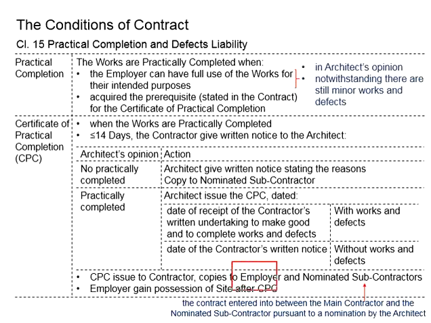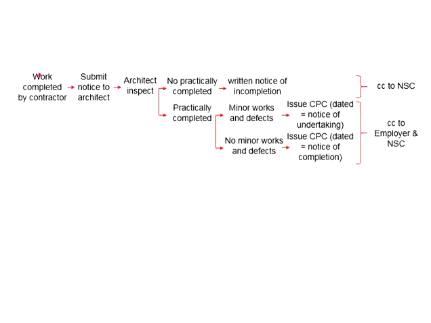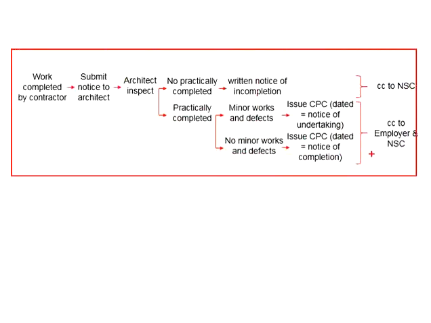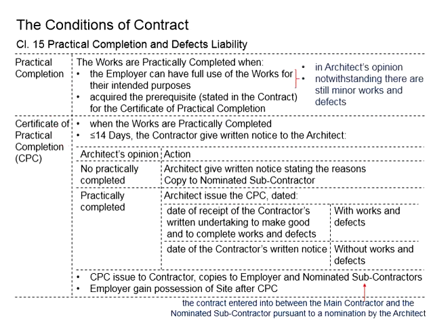As the employer receives the CPC, the employer can gain possession of the site and the handing over process can be executed. Now let us look at the flowchart here, which summarizes the process.